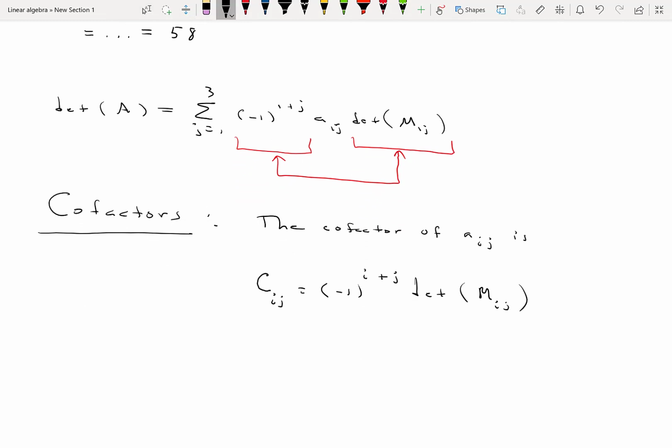So I can rewrite my formula for the determinant of A as the sum, j goes from 1 to 3. I'm going to combine the -1 to the 1 plus j and the determinant of the 1j minor of A to be a1j times C1j.